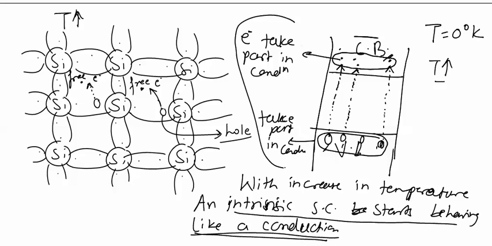These two types of charge carriers take part in conduction, and the number of electrons in the conduction band and the number of holes in the valence band are equal.